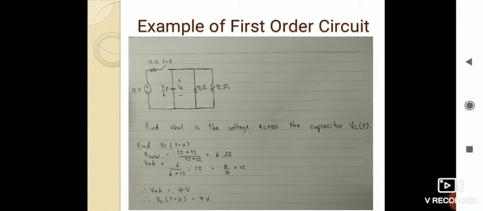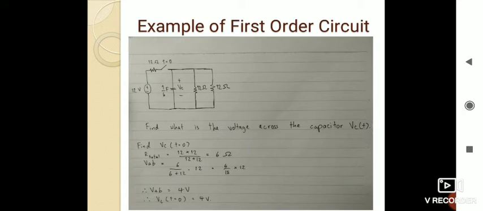The first thing that we can do is find the R total. Just like we usually do, we sum up the resistance, which is 12 times 12 divided by 12 plus 12, which is equal to 6 ohms. Then we find VAB, which is VC at time 0.